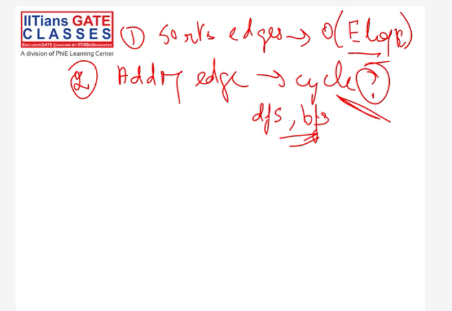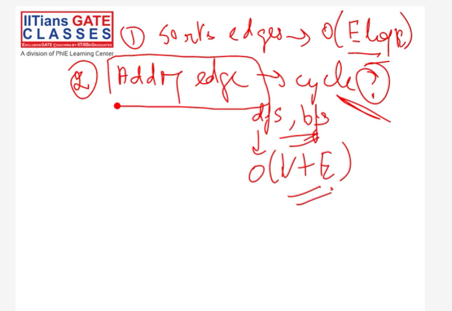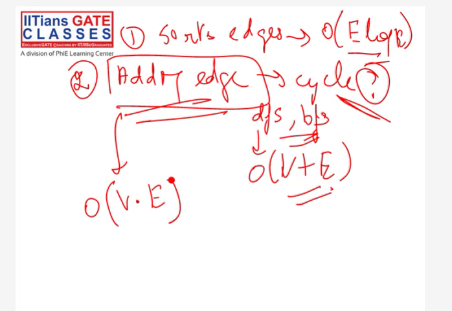Now, what was the time complexity? Order V plus E. Everyone? Yes. This was the time complexity for either BFS or DFS. So basically you are doing this for every edge. So the time complexity becomes V into E, or E into E you can say, correct?